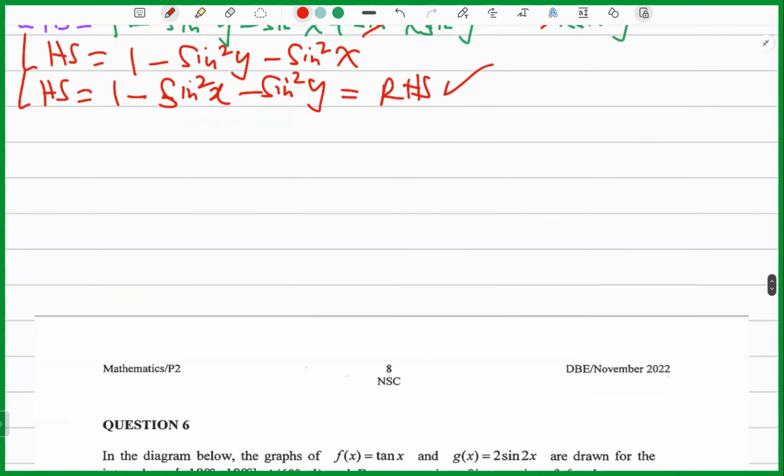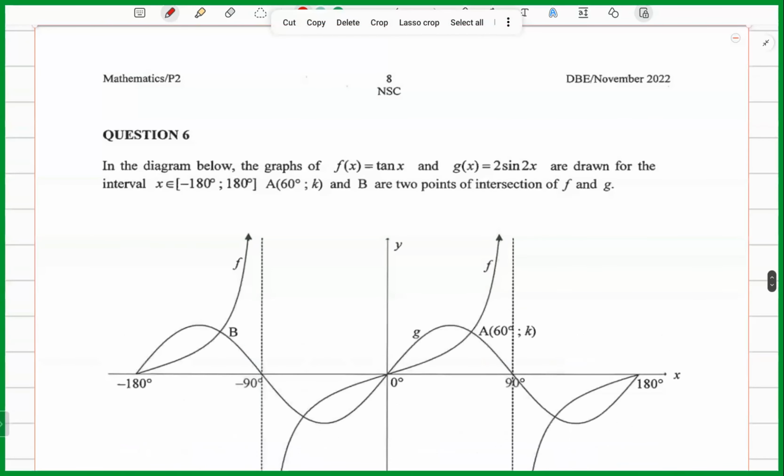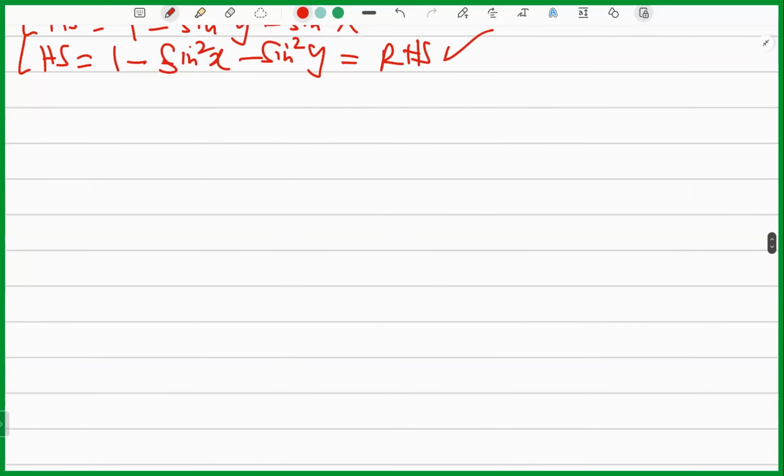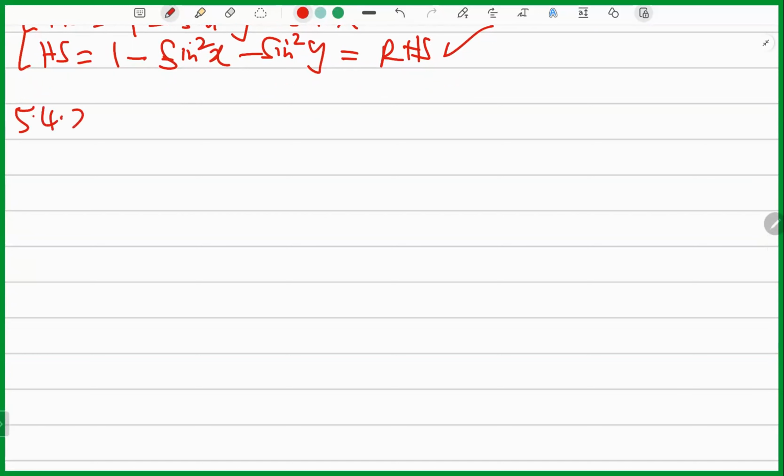Okay, 5.4.2. Now in 5.4.2, you're going to proceed like this. I'm just going to leave that little part there. So we're going to say 5.4.2. Right, in 5.4.2, the examiner gave us 1 minus sine squared of 45 degrees minus sine squared of 15 degrees.